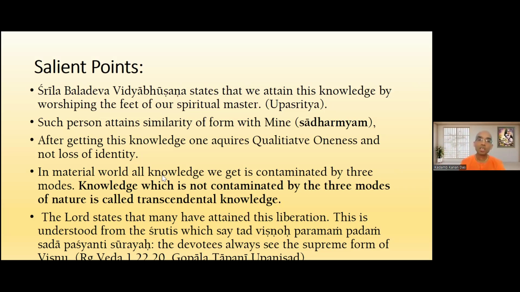They are all called pradhana. But when the modes of nature mix into pradhana, they are called mahat tattva. Prakriti is also sometimes called mahat. So this description of how the jiva comes in contact with prakriti or matter is being mentioned in the third verse. We'll come to the third verse.